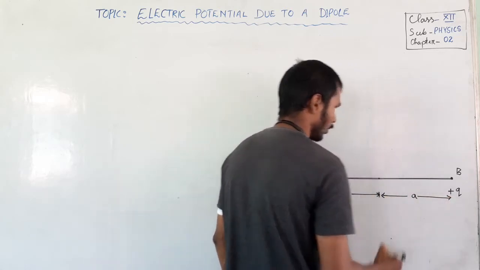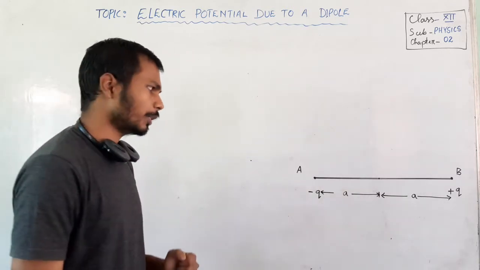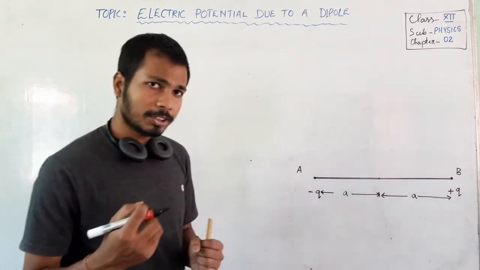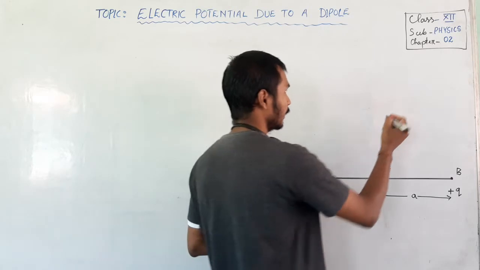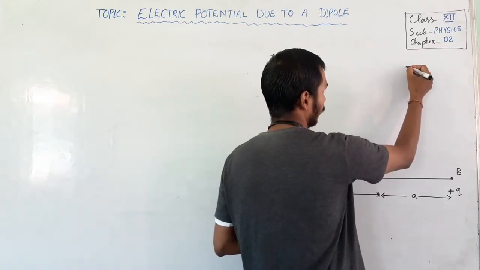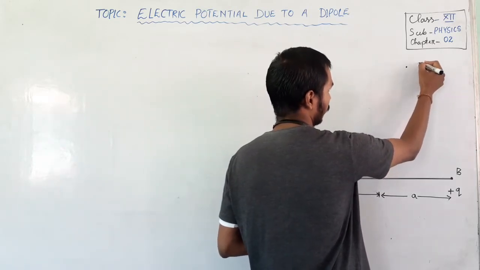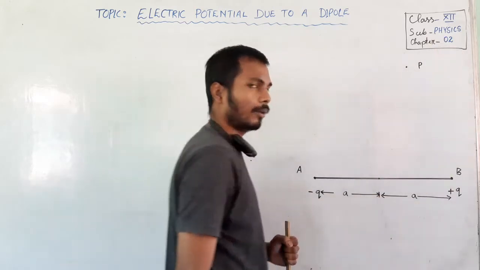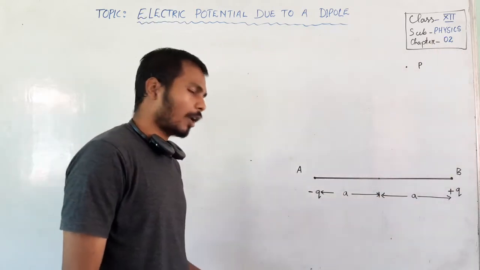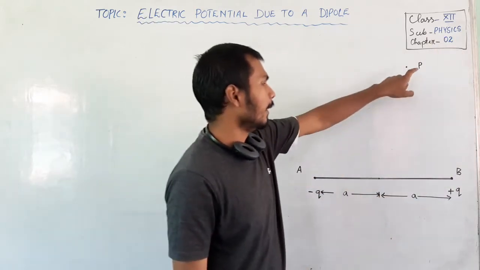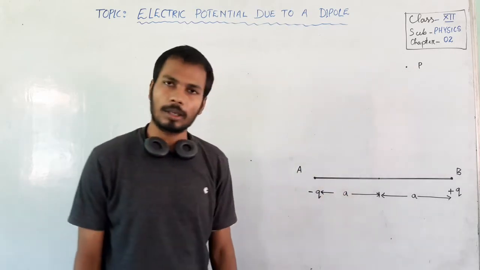So this is the dipole which we have considered. Now let us consider a point at a distance r from the center of the dipole, say P. Now we are going to find the potential at this point due to the dipole.